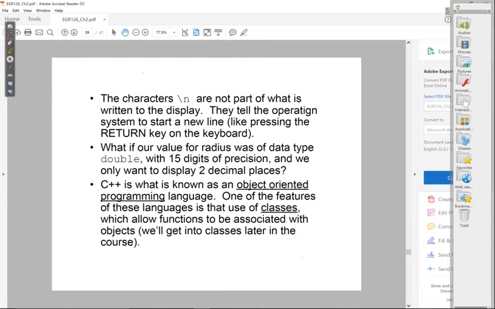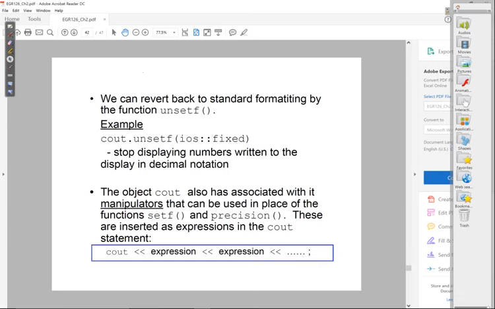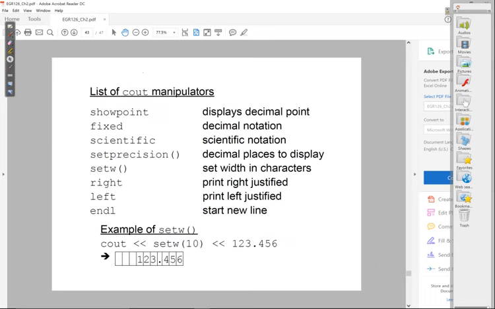Well, in this next method, some of your expressions can actually be commands for formatting. These are the commands that you could have. So you want to do fixed, then you want to set precision, to set how many decimal places you want to display.